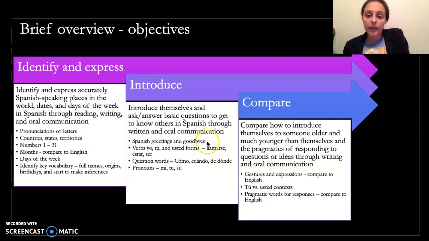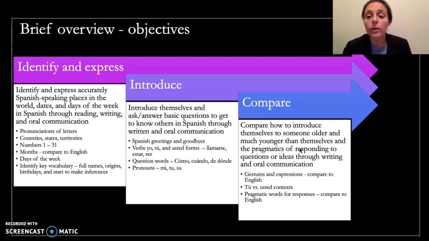Our third main objective here is to compare how to introduce themselves to someone young, older, and much younger than themselves, and the pragmatics of responding to questions or ideas through writing and oral communication. So this includes gestures and expressions, tú versus usted, and the pragmatic words for responses.